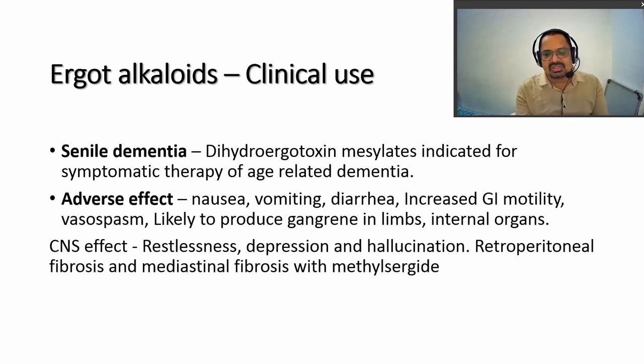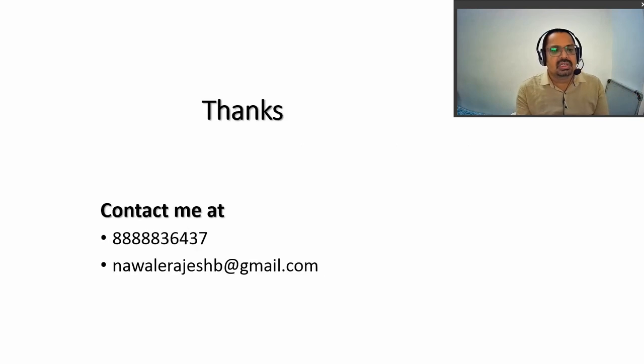Typically, these are gastrointestinal side effects, due to increased gastrointestinal motility and vasospasm, and they are likely to produce gangrene in the limbs and intestinal organs. As far as the CNS side effects of ergot alkaloids are concerned, they produce restlessness, depression, hallucination, retroperitoneal fibrosis, and mediastinal type of fibrosis. So these are the side effects of the ergot alkaloids.